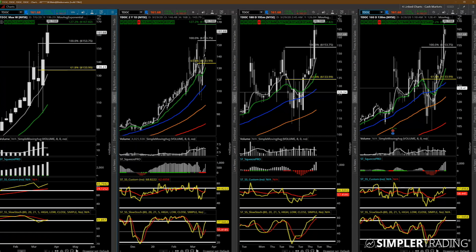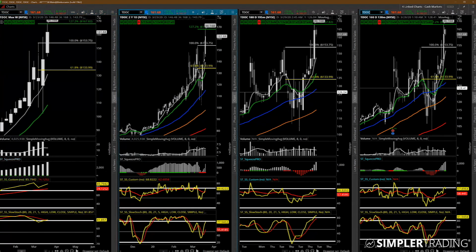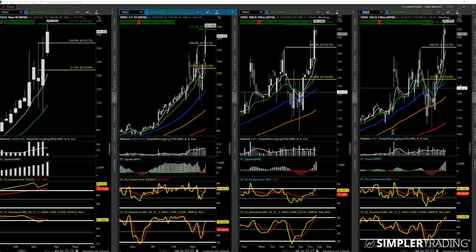Now, why did I choose 170 as the center strike? Well, I ran a Fibonacci from that high to this low, and it gives you some extension targets, right? So this major swing here, you can get your extension targets that way.